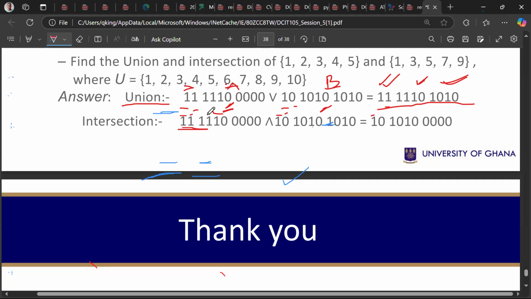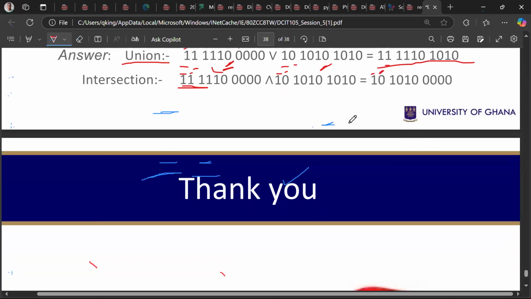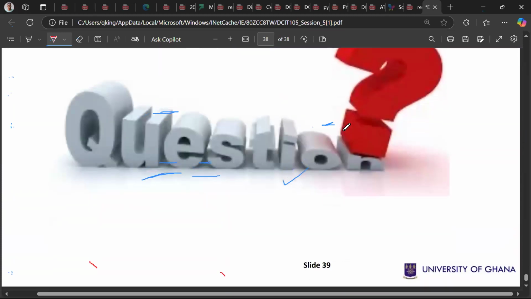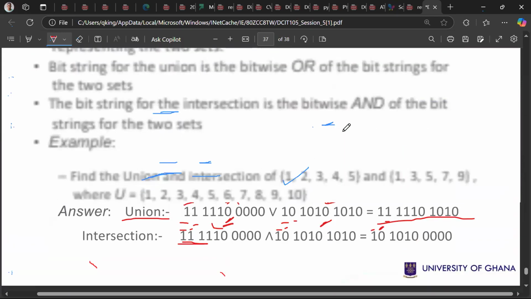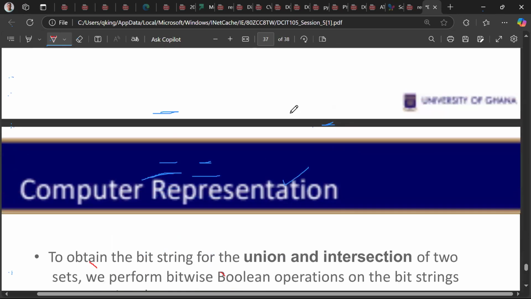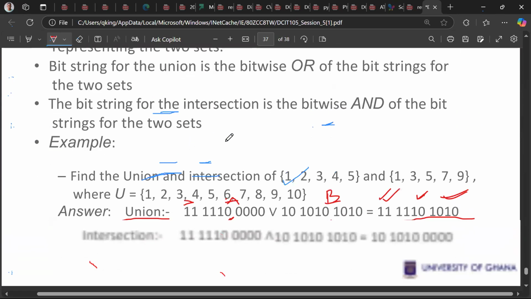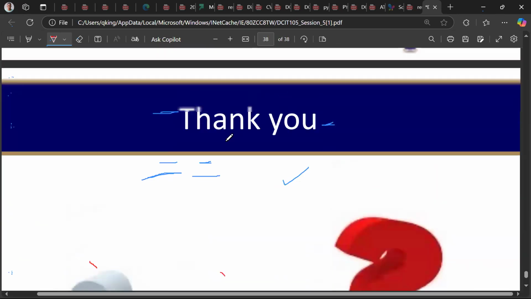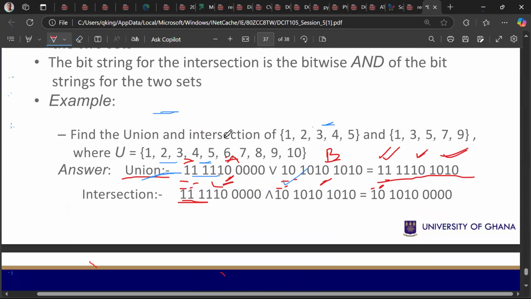And so because here is 1 and here is 0, automatically it becomes 0 in the resulting answer. So here becomes 0 as well, and it goes on and on. So basically that has to do with the computer representation of the set.